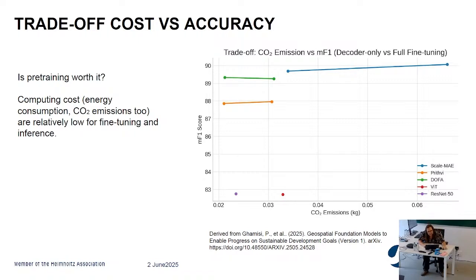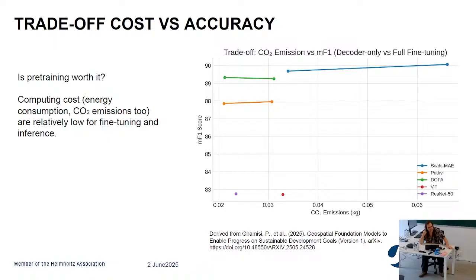This plot doesn't consider pre-training, of course. Pre-training is not included here. But if you just consider fine-tuning and inference, the cost is quite similar to models trained from scratch, but with much better accuracy.